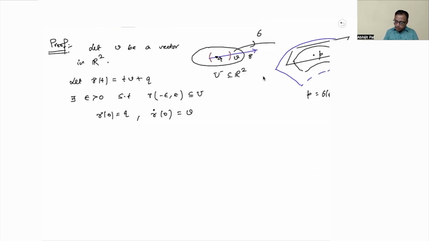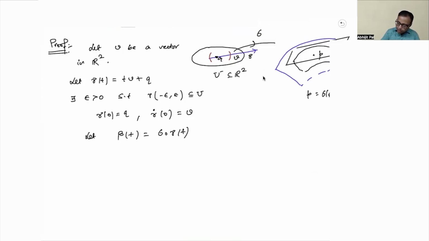All right. So now you apply sigma on this curve gamma. Let beta of t be equal to sigma compose gamma t.